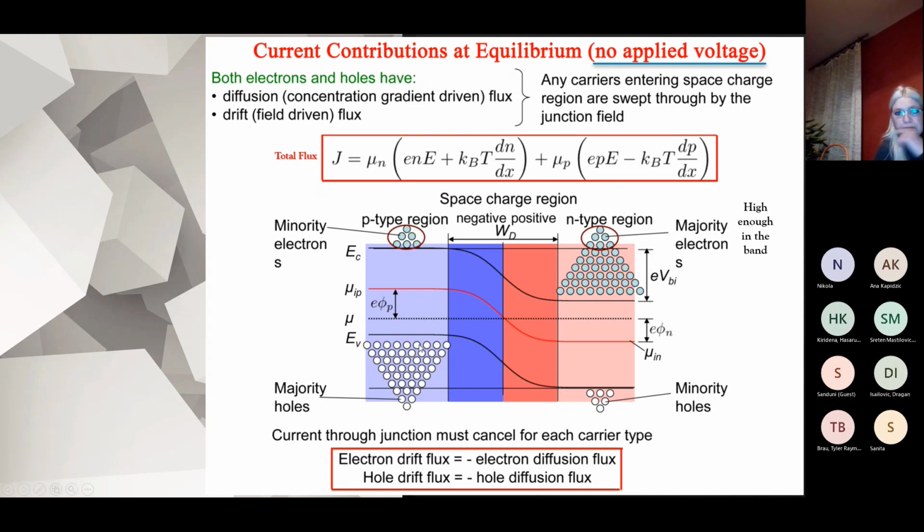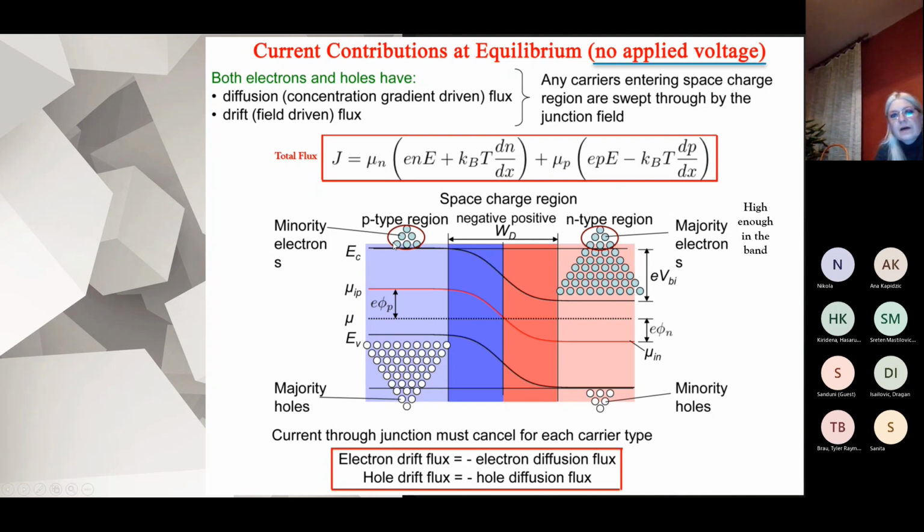Here, for instance, we can draw this quite easily. This is the real chemical potential in the p-n junction, which we said is constant when we don't have an applied voltage. You're going to see that it changes when we apply a voltage. This is the bottom of the conduction band, and in the p-type region we have the minority electron carriers in the conduction band.